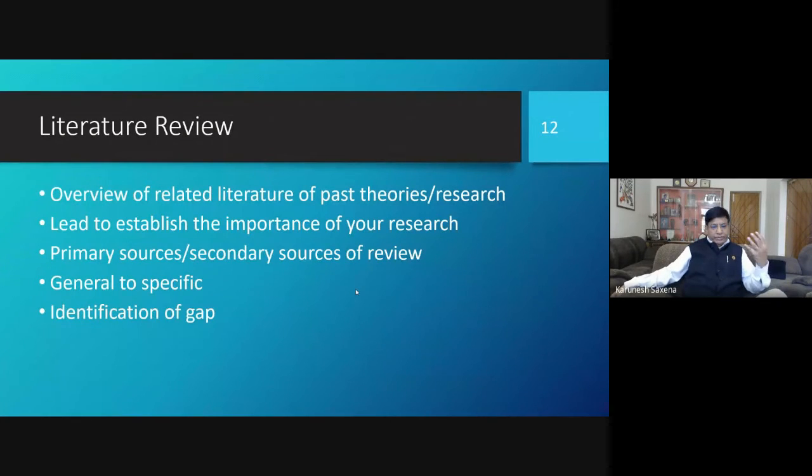So how long this section will be depends upon whether you are writing an empirical paper or a review paper. And of course, a good paper is one where you can develop and identify the gap.